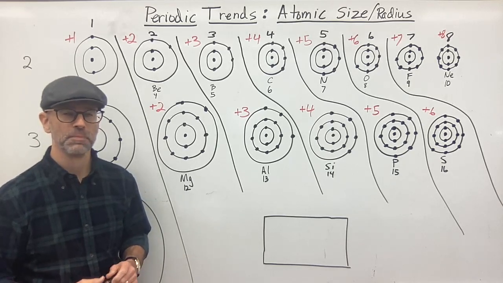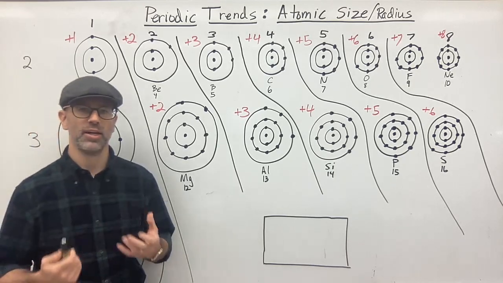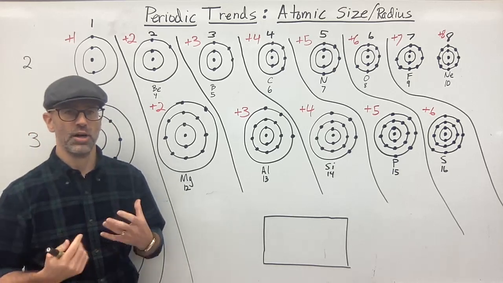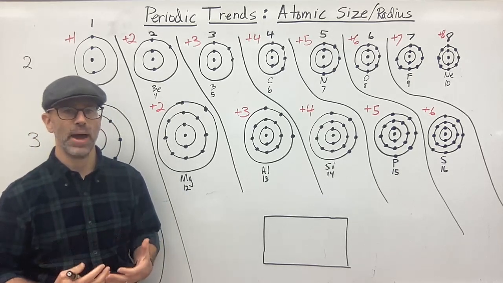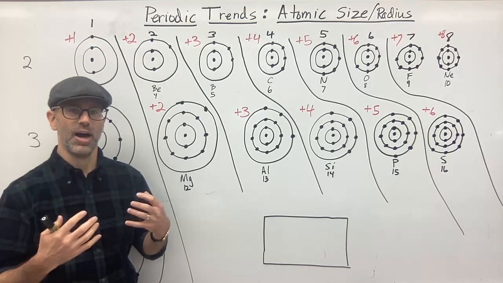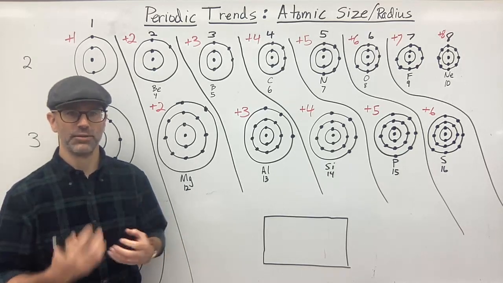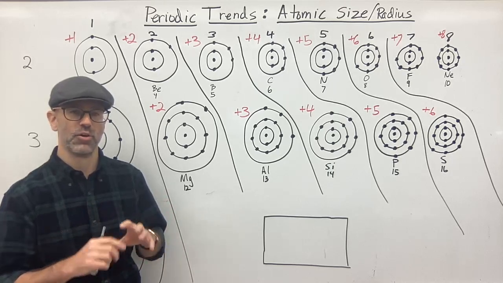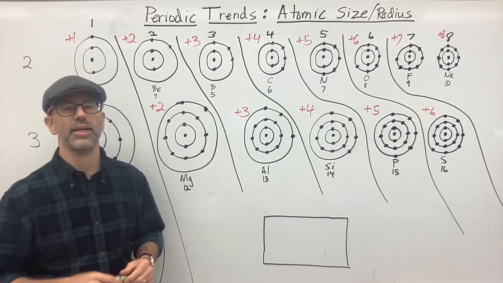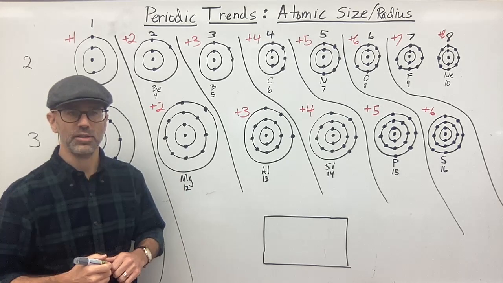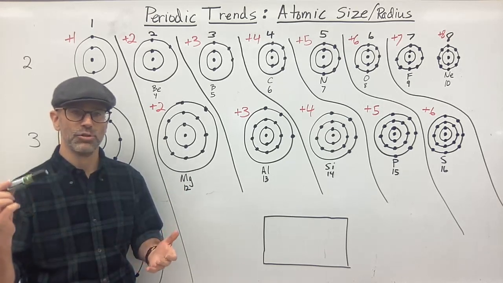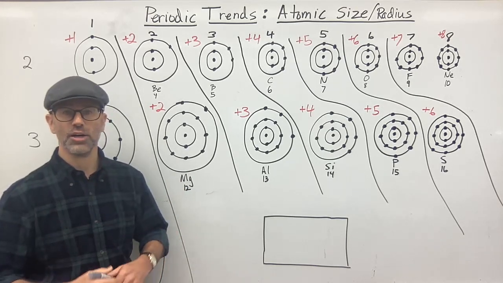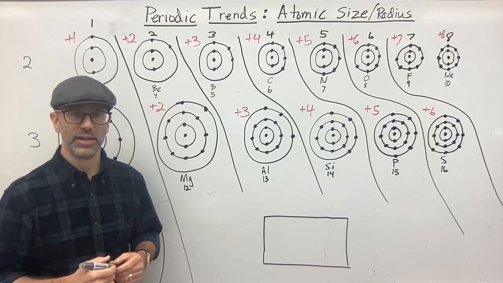And one of the things I'm going to keep saying in all my videos is, in order to understand the trends, you have to go back to what is happening with regard to the attractive forces between the nucleus and the electrons, and you have to think of what's going on quantum mechanically in the atom. So we have to go back to the effective nuclear charge and things like that.